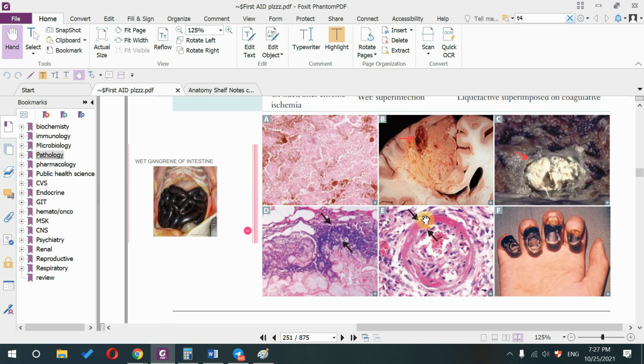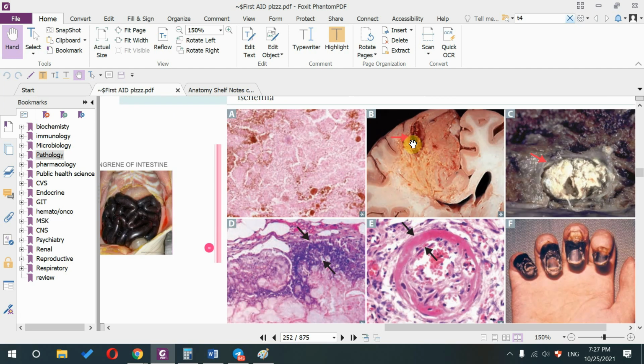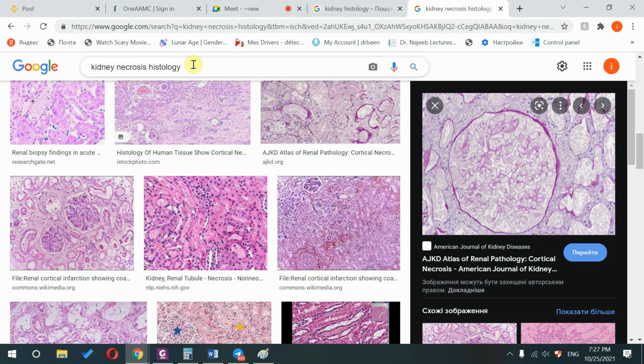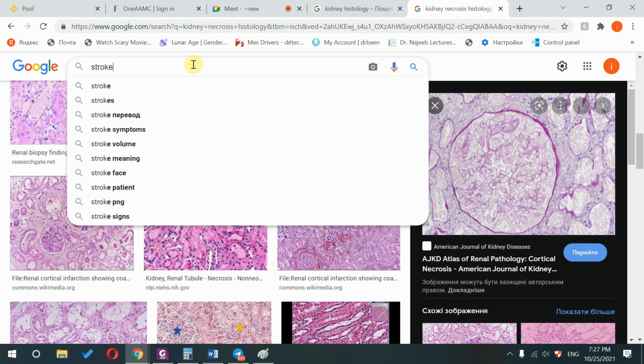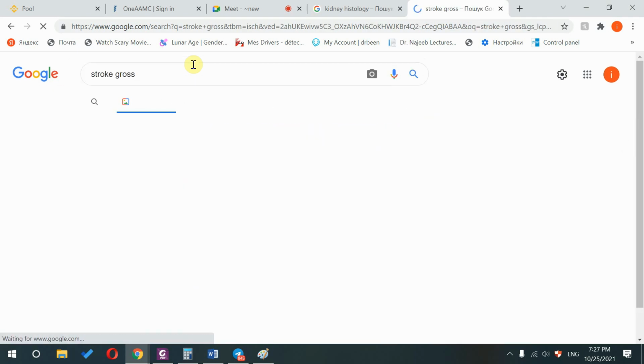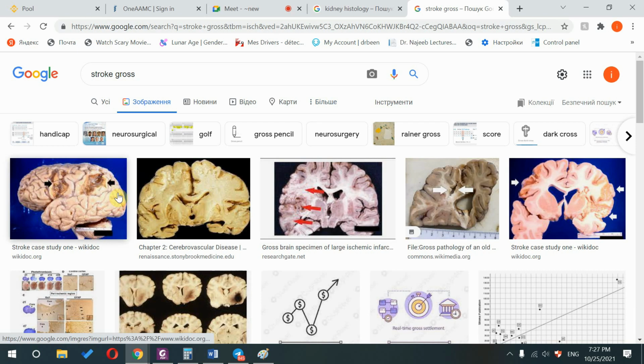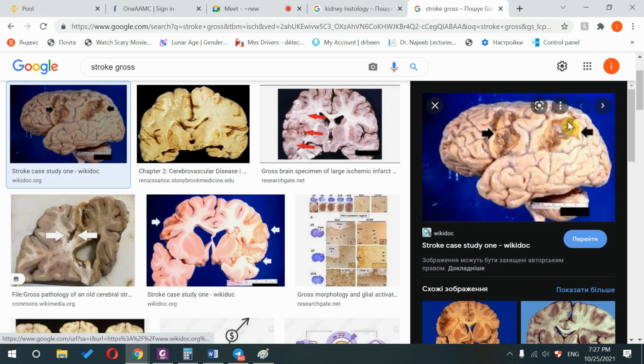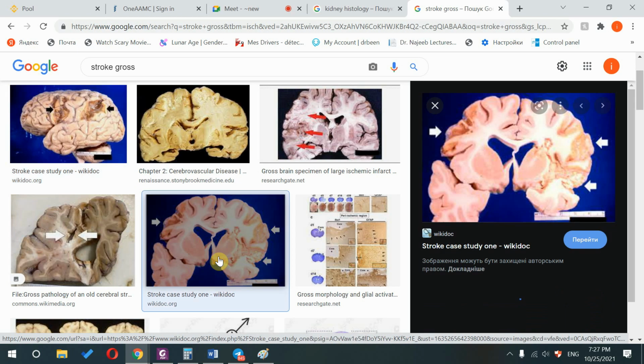So let's take a look at it. Look at the brain. Here we have a stroke, a previous stroke. So let's take a look at the stroke gross picture. Okay, you can see there is some form of jelly in it. So it's liquefactive. Yeah, that's an infarction.